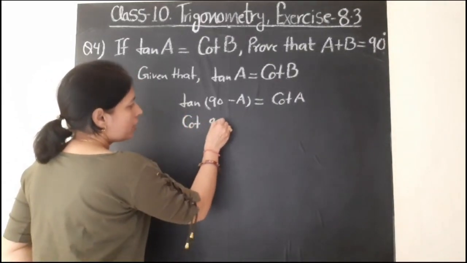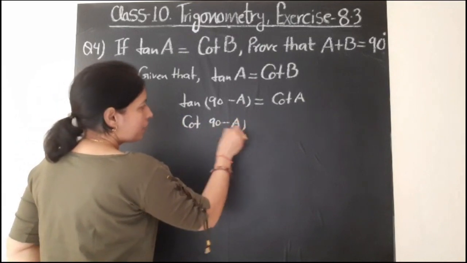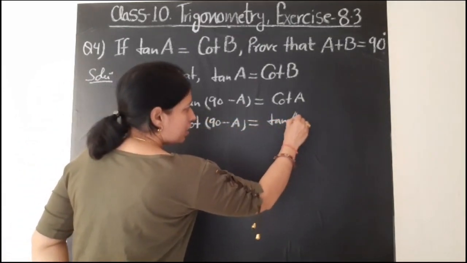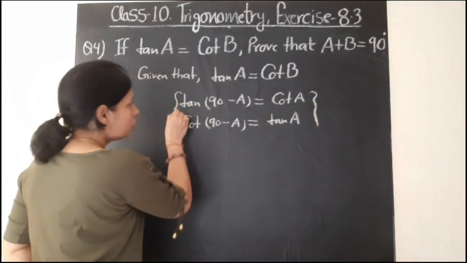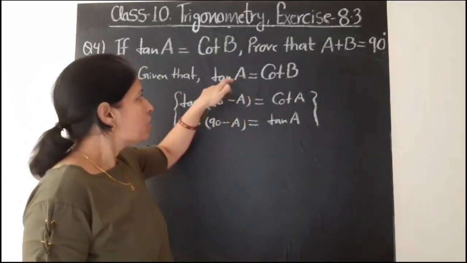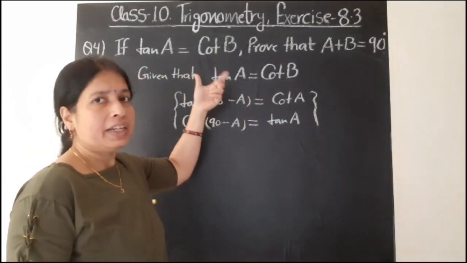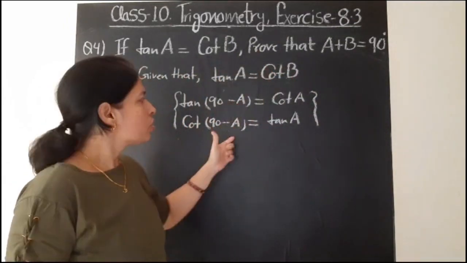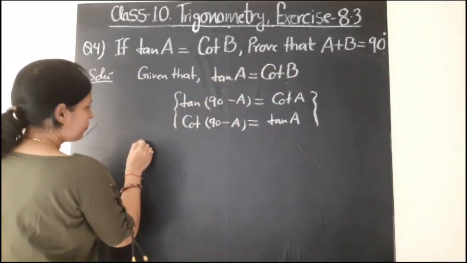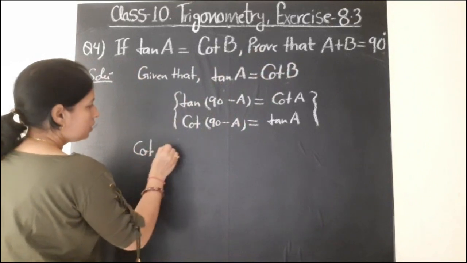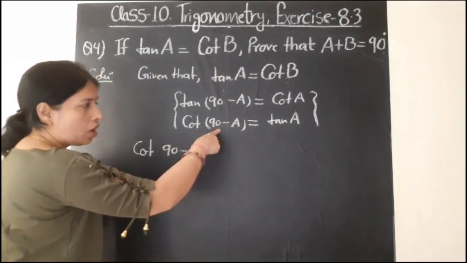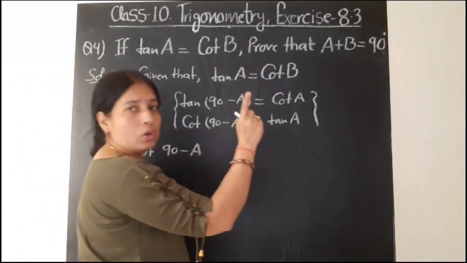Cot 90 minus A is equal to tan A. So we will use either this formula or this one. So I am going to convert this tan A in the form of cot. So in place of tan A, we can write cot 90 minus A, because cot 90 minus A is equal to tan A.